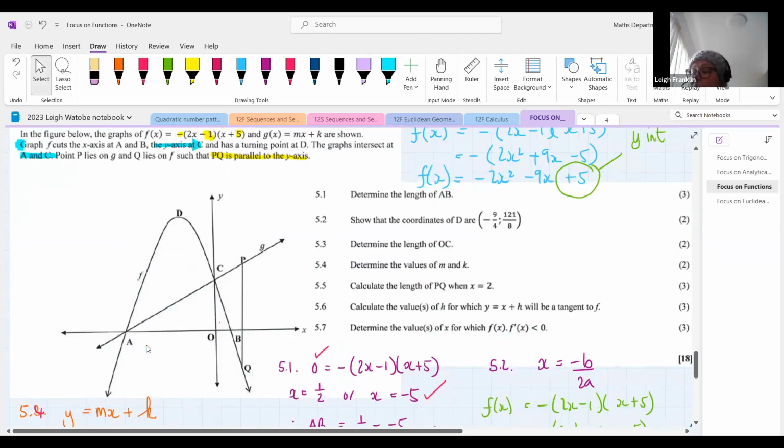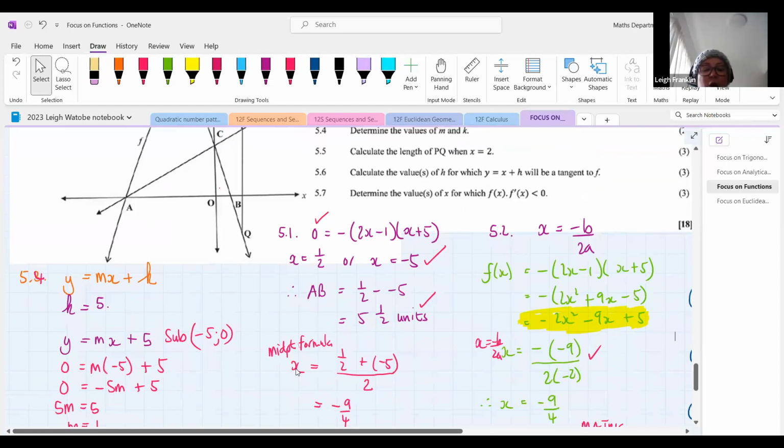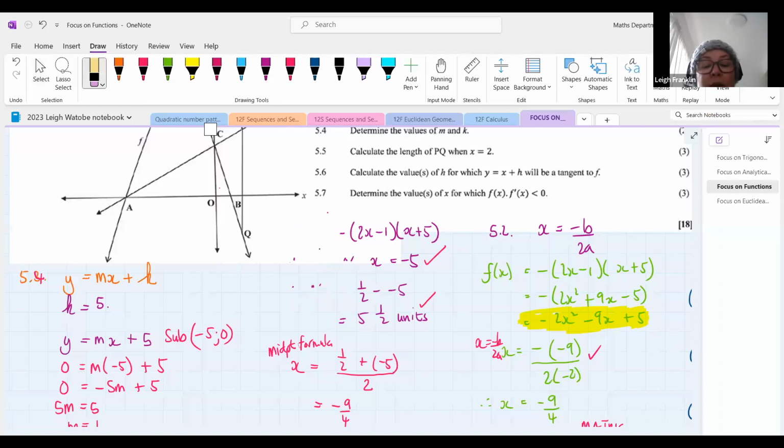First of all, I'm just trying to think where's the best place. I'm going to rub out 5.1 so that I can write over here. We've got this information anyway.